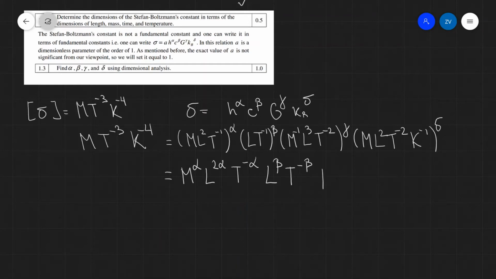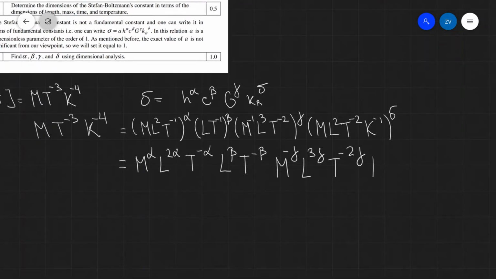Then we have m to the power of minus gamma, L to the power of 3 times gamma, t to the power of minus 2 gamma, and finally m to the power of sigma, L to the power of 2 sigma, t to the power of minus 2 sigma, and kelvins to the power of minus sigma.